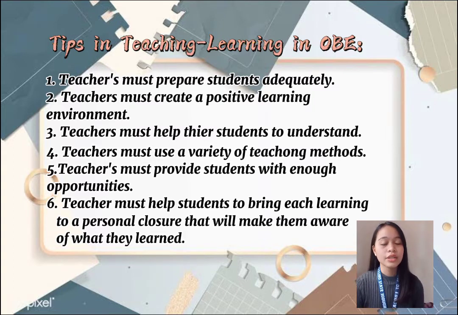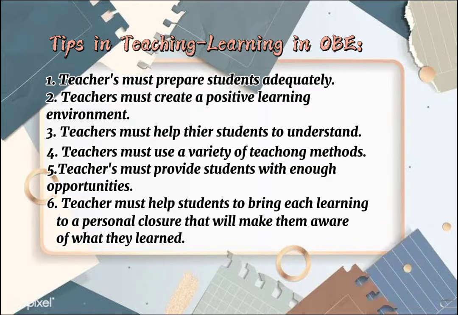Number 2, teachers must create a positive learning environment. Students should feel that regardless of individual uniqueness, the teacher is always there to help. Teacher and student relationship is very important. The classroom atmosphere should provide respect for diverse kind of learners.